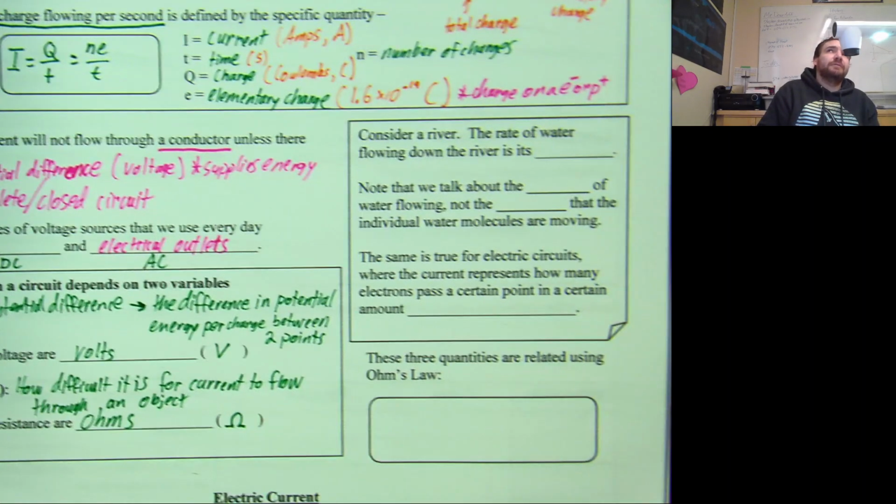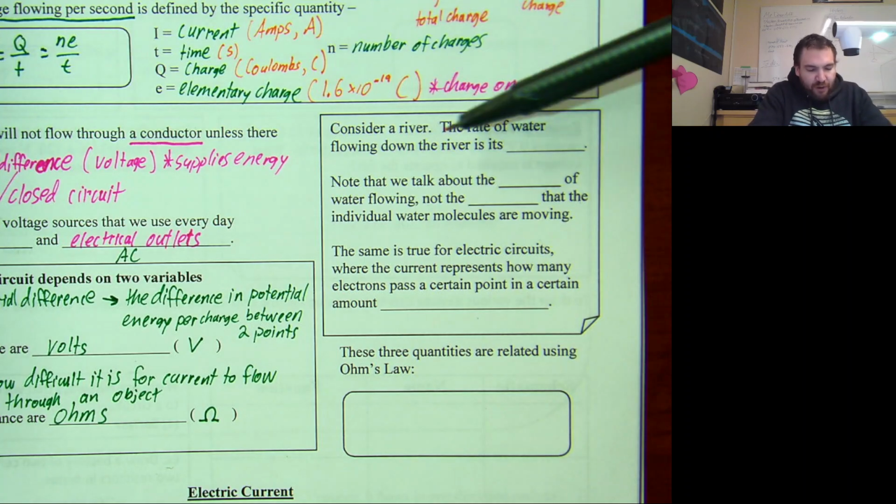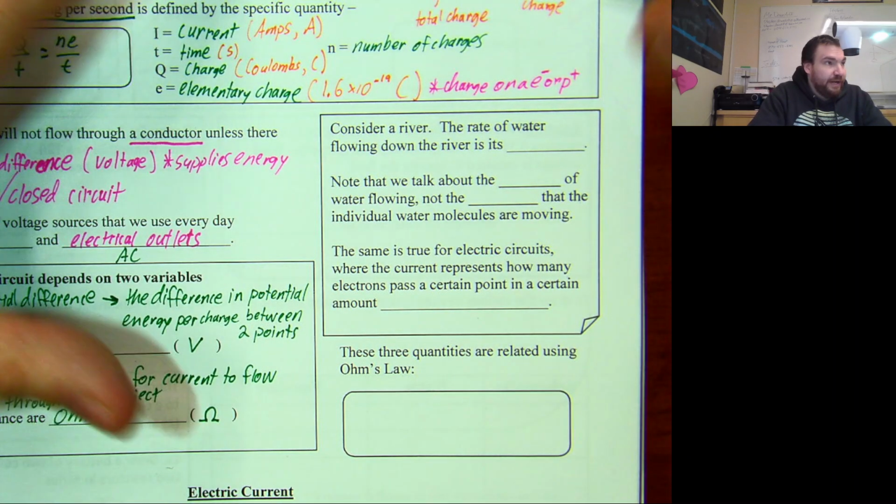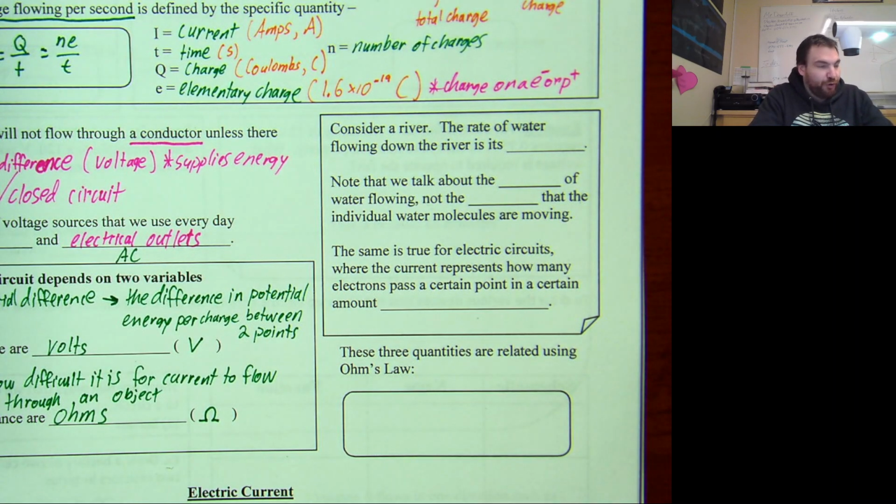Consider a river. The rate of flowing down the river in my analogy here, well, actually not even in my analogy. In the world, you go down to the Fraser River, you see it flowing. The flow of water we call the current.